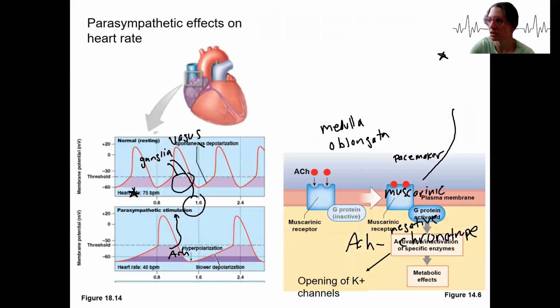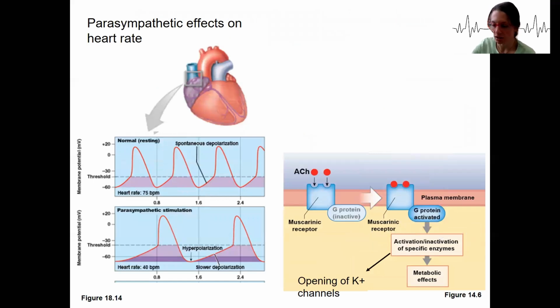Okay, let's look at this. Here is a normal resting heart rate. You should be able to state what's causing each of these changes in membrane potential. Funny currents opening here, funny channels causing a funny current. Parasympathetic nervous system is going to decrease the slope.